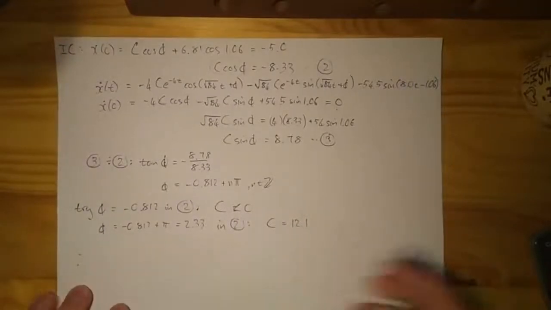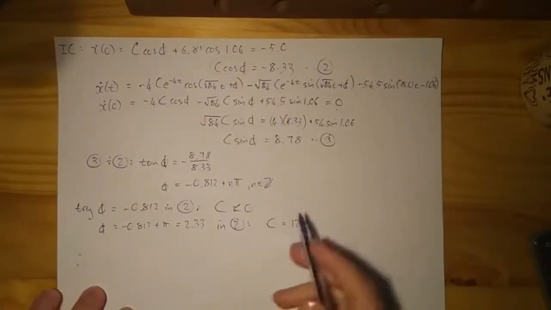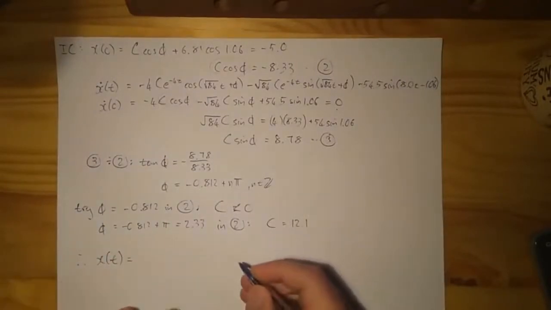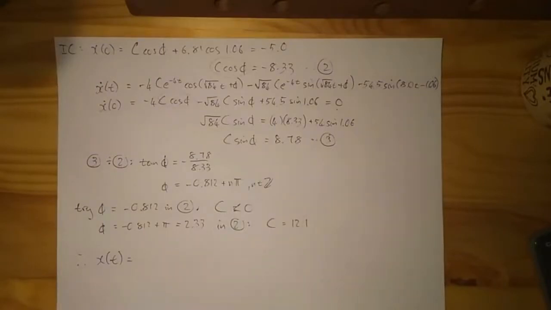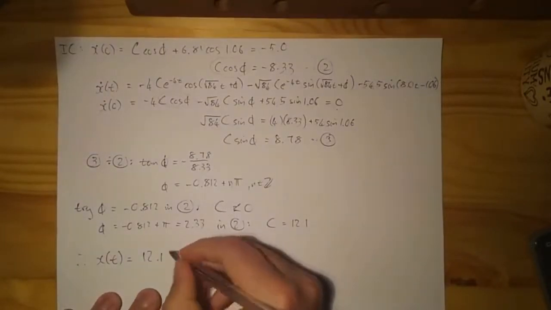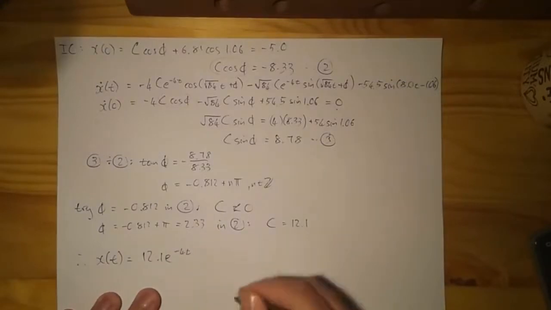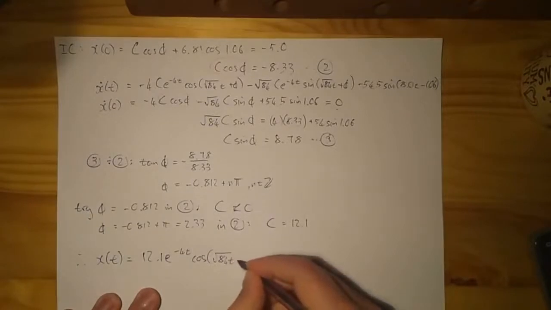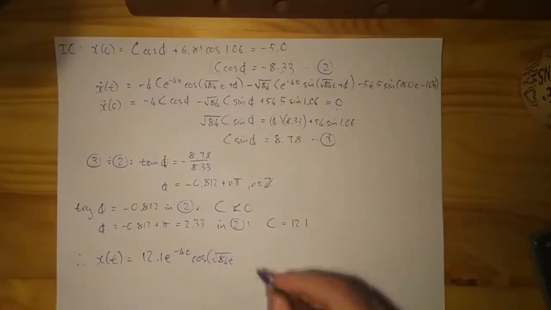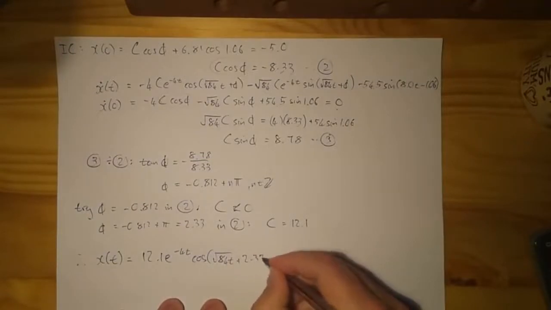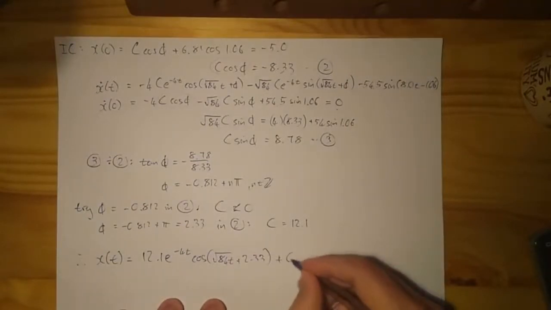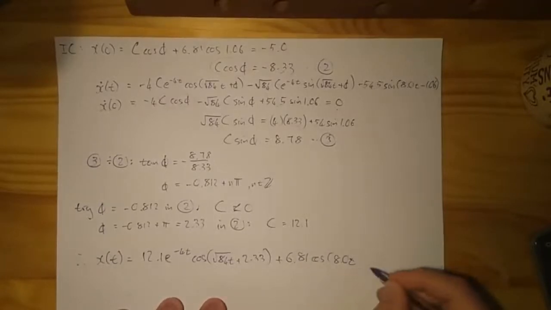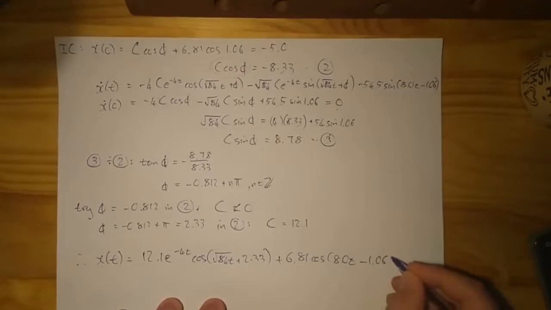So I've got a phi, I've got a c, and I can write down the final solution. So x of t is equal to 12.1 e to the minus 4t cosine of square root of 84 t, and phi we calculated now as plus 2.33, and then the rest we had already: 6.81 cosine 8.0t minus 1.06.